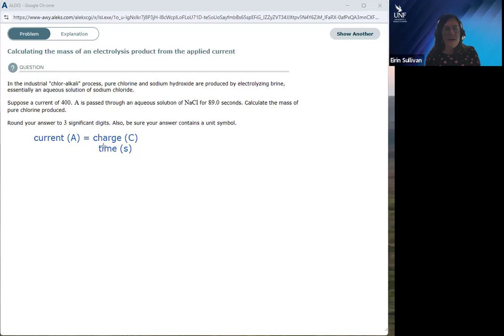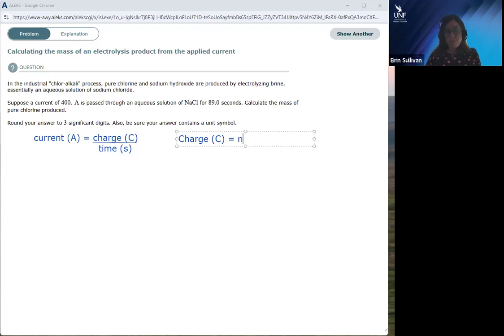So if we have this relationship and we have our current and our time, we can work out how much charge has been accumulated during this period of time. If we know charge, there is a relationship between charge in coulombs, the Faraday constant, and the number of moles of electrons.